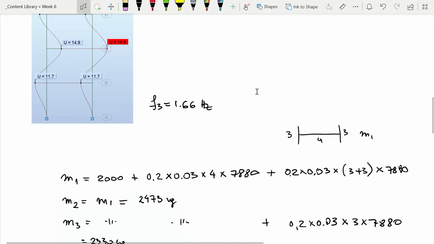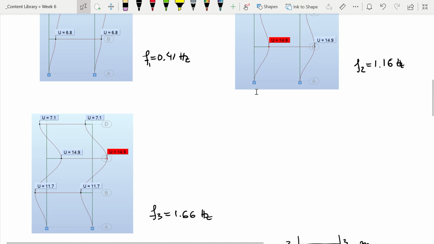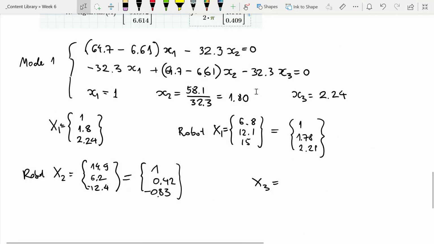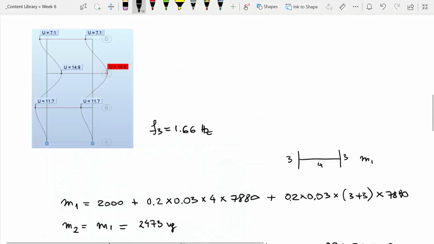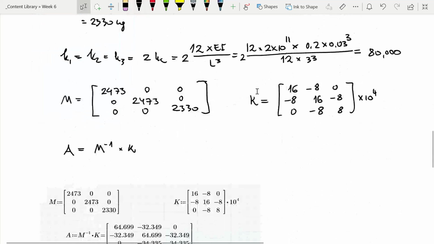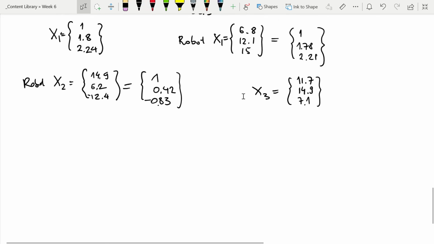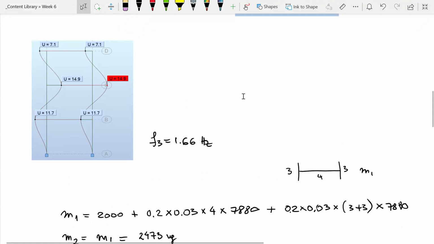And then X3 was in robot 11.7, 14.9, 7.1. Is that correct? 11.7, 14.9, 7.1. And if you look at the signs, they are positive, negative, positive.